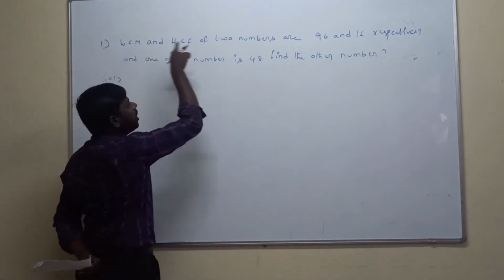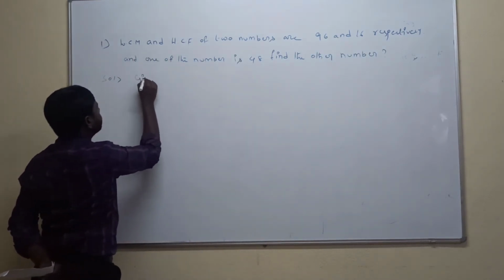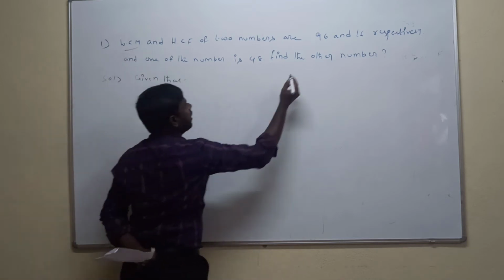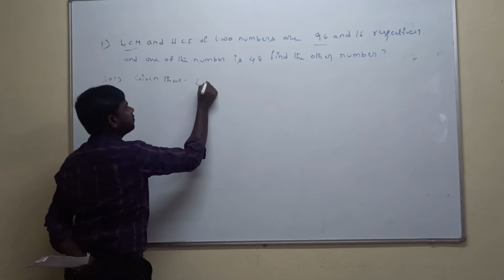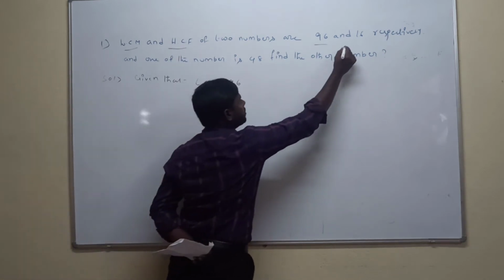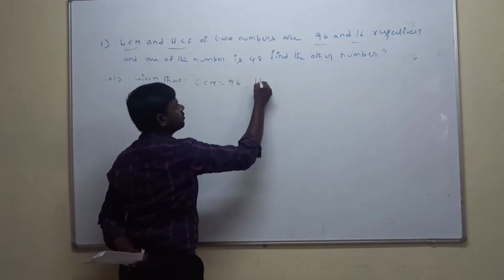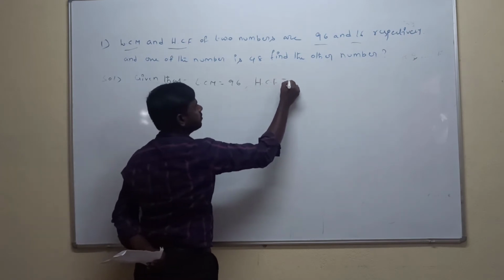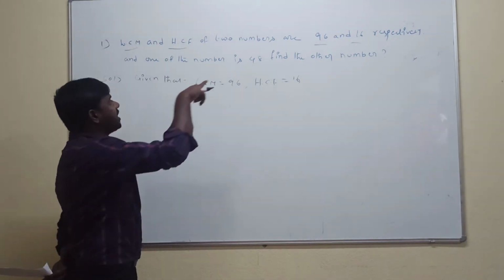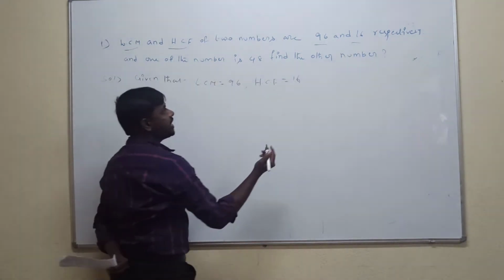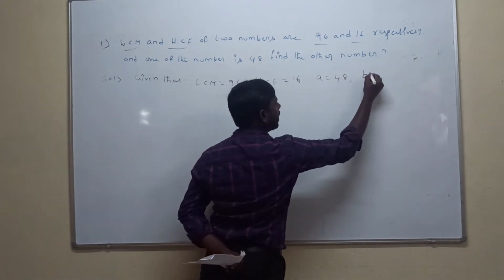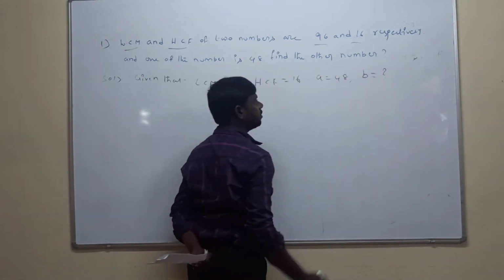So the LCM value given is 96, and the HCF value given is 16. A and B are two numbers. One number is given, A is 48. The other number is not given, so we have to calculate it.